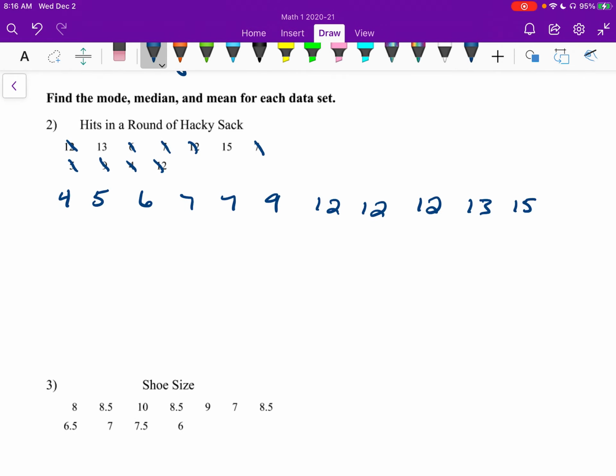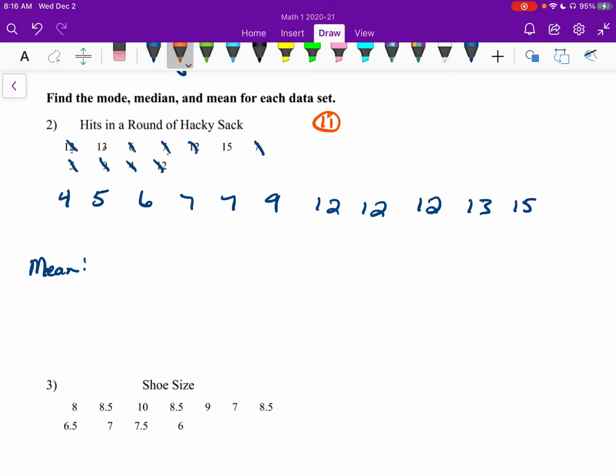All right, so I need to get my mean. I'm going to add all these numbers up, and then divide by how many there are. So for starters, I'm going to count how many numbers there are. I've got 2, 4, 6, 8, 10, 11. So there are 11 numbers. Now I'm going to type all these in my calculator: 4 plus 5 plus 6 plus 7 plus 7 plus 9 plus 12 plus 12 plus 12 plus 13 and 15.